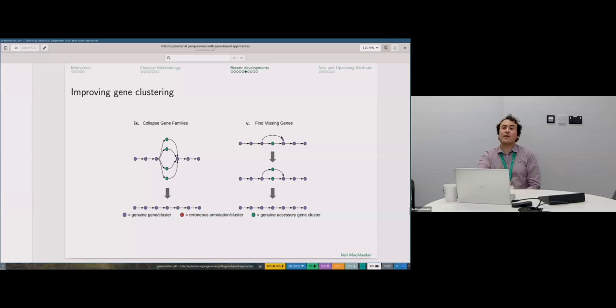The last accuracy improvement Panaroo does is it looks for instances where annotation fails in the other direction. I said annotation is very accurate, and the predominant source of error is incorrect annotations at regions that are poorly assembled, and that's true.